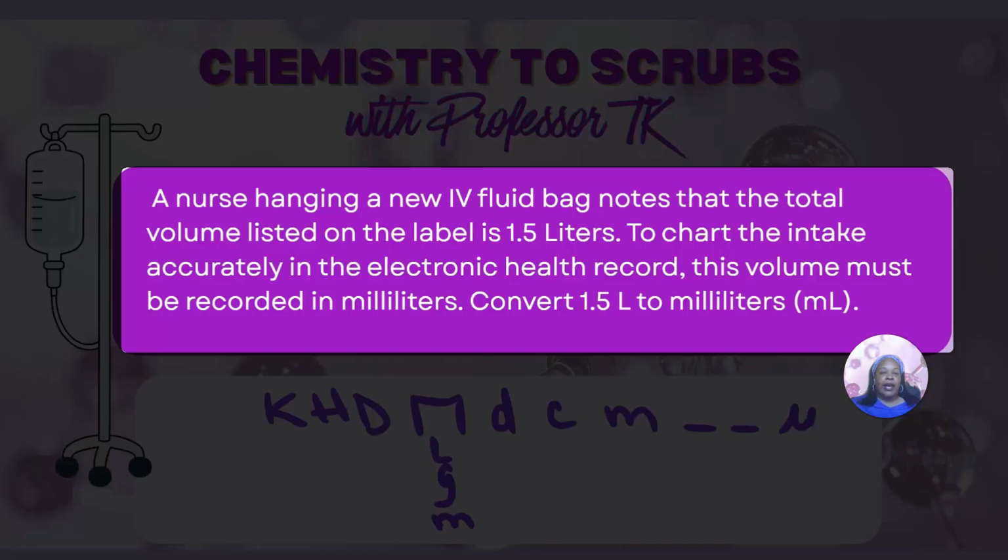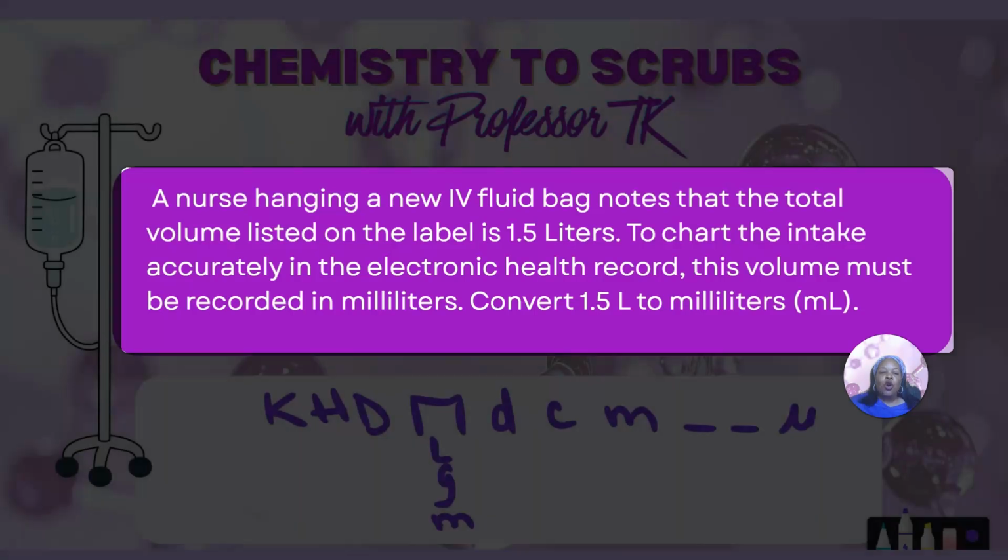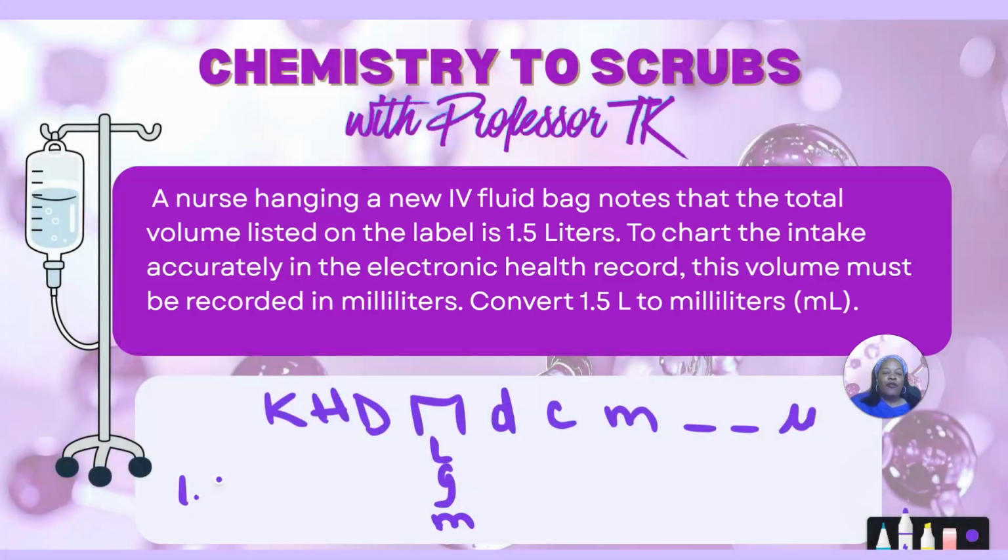To chart the intake accurately in the electronic health record, this volume must be recorded in milliliters. So we need to convert our answer here to milliliters. So we originally had 1.5 liters that they want to convert to a milliliter. Well, the milliliter that we're talking about is right here.